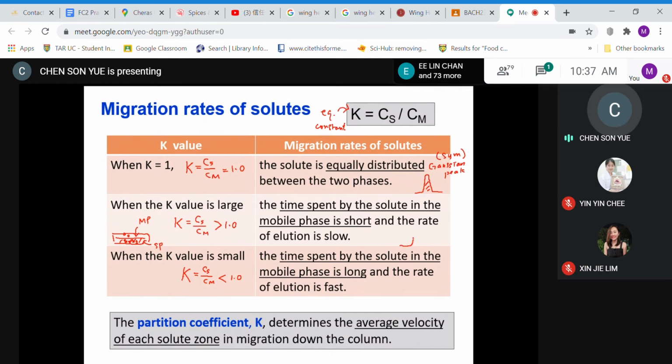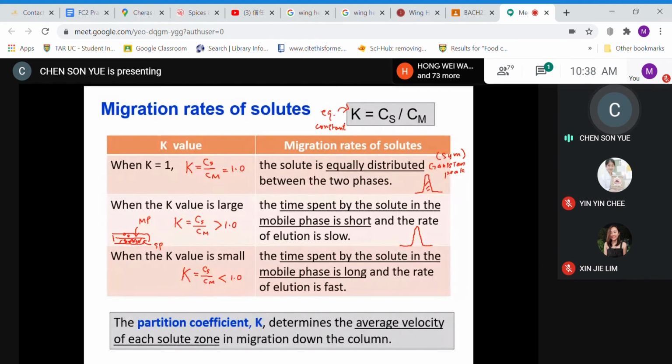If this is the original, symmetrical signal, meaning nothing happened, we get a symmetrical peak. If K is larger than 1, more sample in the stationary phase, the sample in the stationary phase will come out slower.